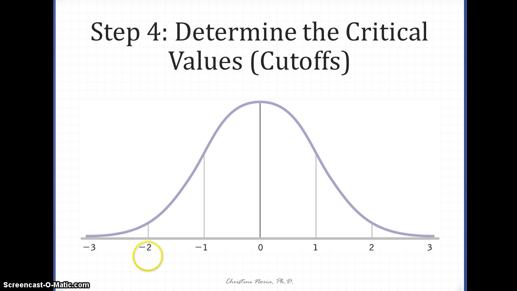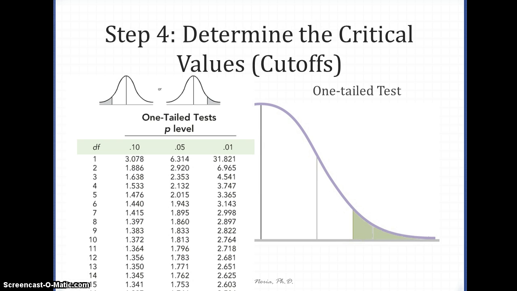So here we can put our values on the distribution, and in order to do that, we need to come down here, and this is our one-tailed tests t-table. You notice that in a single tail, our alpha is 0.05, and our degrees of freedom, remember we had 16 people in our sample, so we have 15 degrees of freedom, because degrees of freedom is the number of people in our sample minus 1.